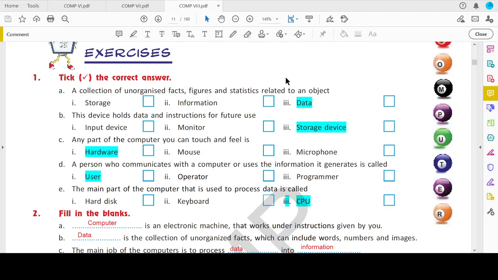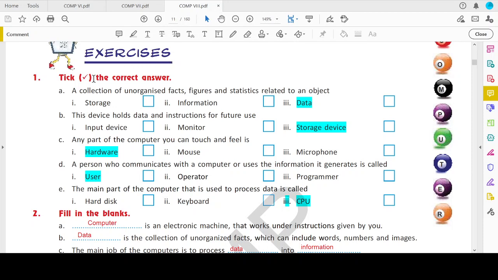In the last tutorial, we have been discussing the first chapter of your book, that is computer system. Now after we have finished the chapter, it's time to discuss the exercises.